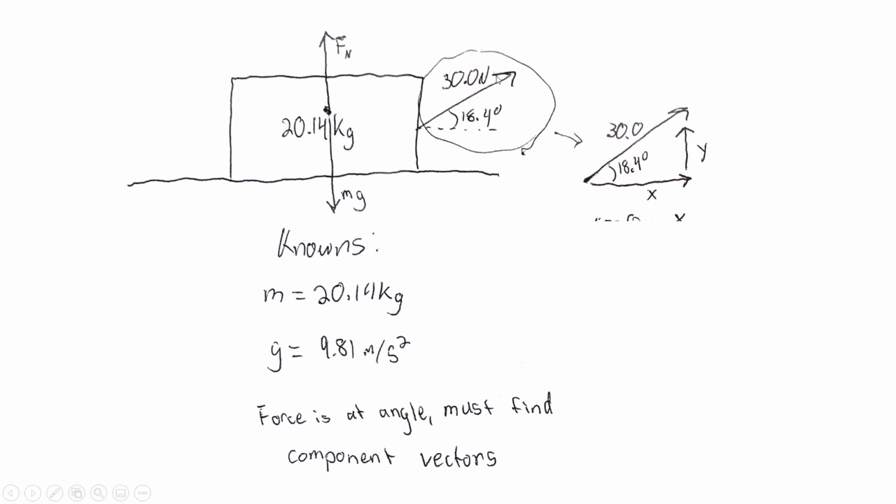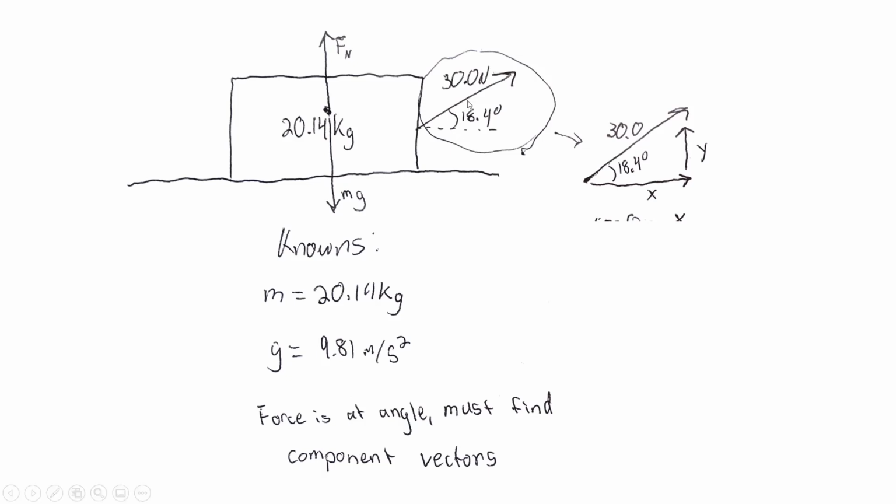Over here, though, you see that I take the force vector, and I'm basically going to create a triangle out of it. Every vector, if it's not perfectly perpendicular or parallel, like if it's not perfectly sitting on the x or y axis, is going to be made of two component vectors, which, if added together, will make this vector at the angle. So it's basically made of an x vector added to a y vector, which makes this total vector with the hypotenuse of 30.0 newtons at this angle.